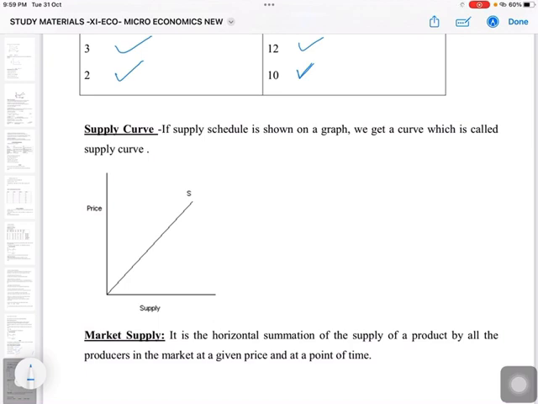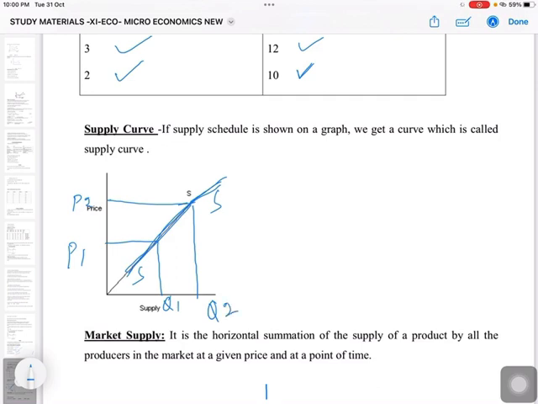In the figure you see SS is the supply curve. The supply curve shows that at OP1 price, quantity supply is OQ1. At OP2 price, you see the quantity supply is OQ2.